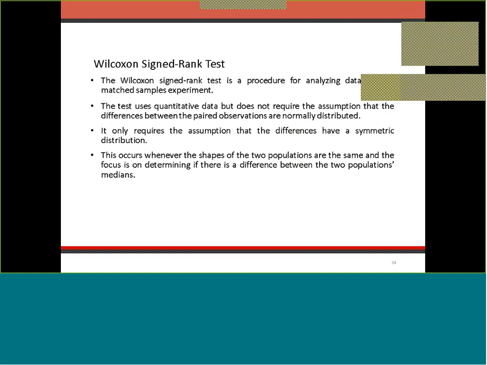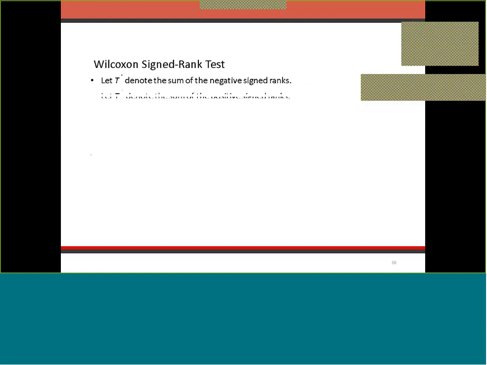Obviously, what you will write in your H naught is that there is no difference between the two population medians, and HA is that there is a difference between the two population medians.